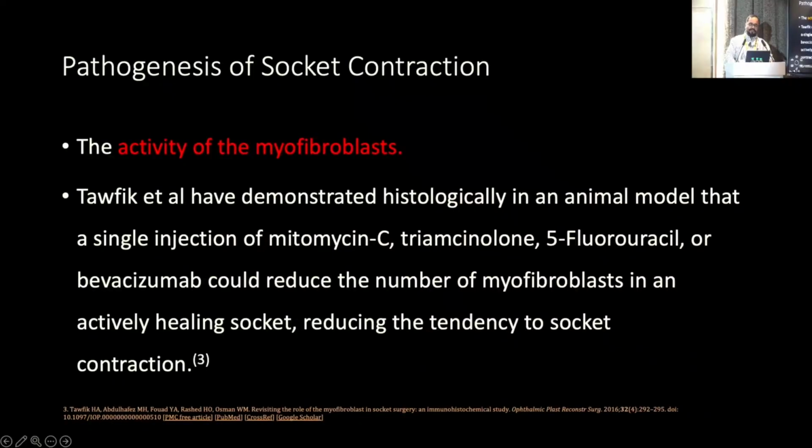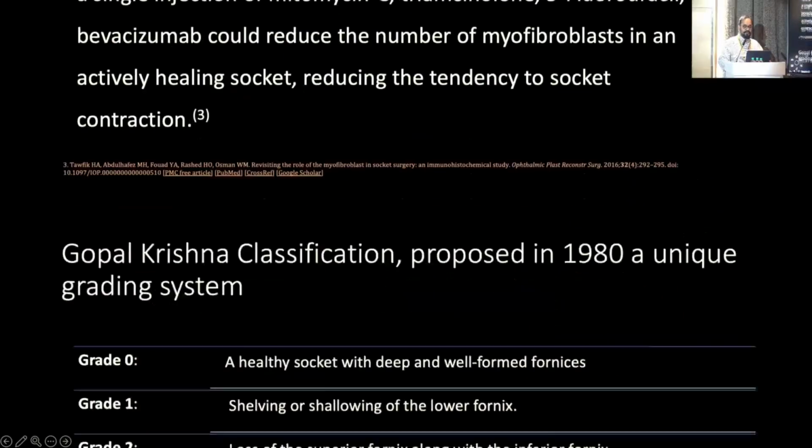The pathogenesis of socket contraction goes back to the activity of myofibroblasts. Tawfik et al. have explained that a single injection of MMC, triamcinolone, 5-fluorouracil or bevacizumab reduces the number of myofibroblasts, reducing the tendency of socket contraction.